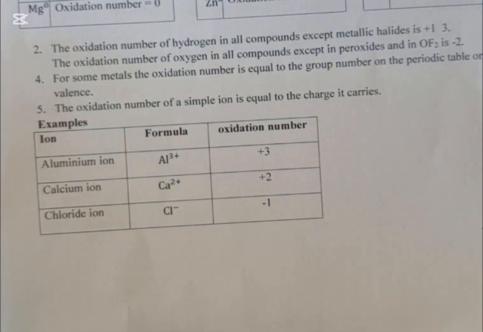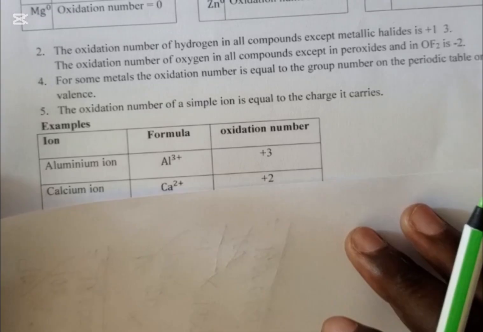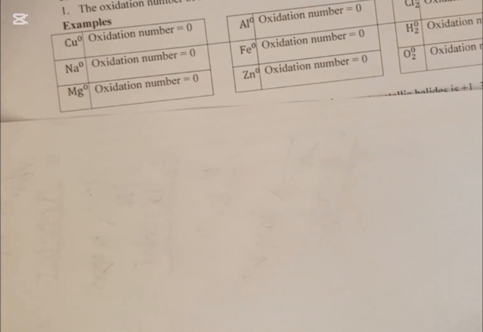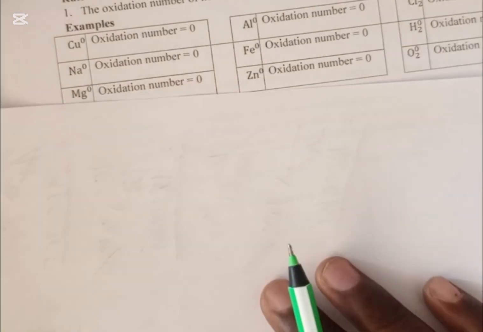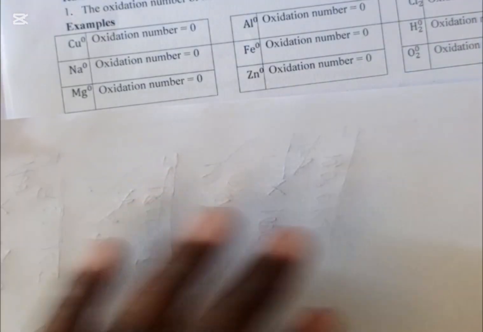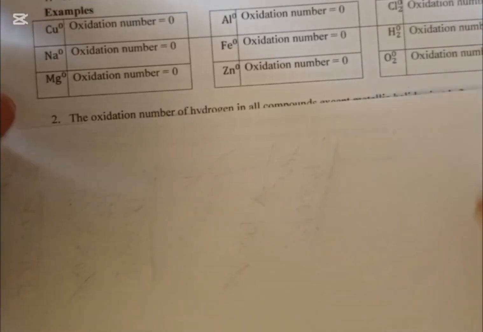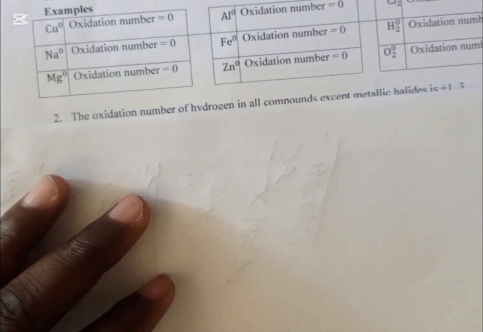When we talk about oxidation in terms of oxidation number, we are looking at the increase in the oxidation state. So, in terms of oxidation number, oxidation is simply defined as the increase in the oxidation state.